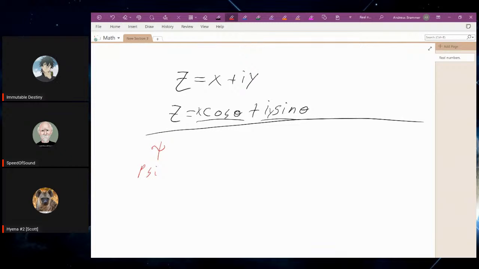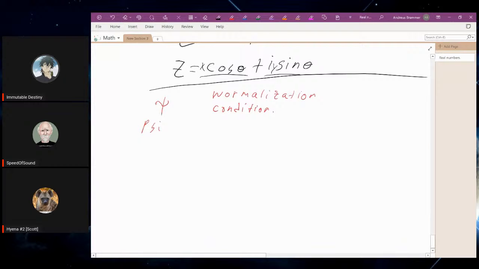But for now, a normalization condition. Well, here's what the normalization condition states.